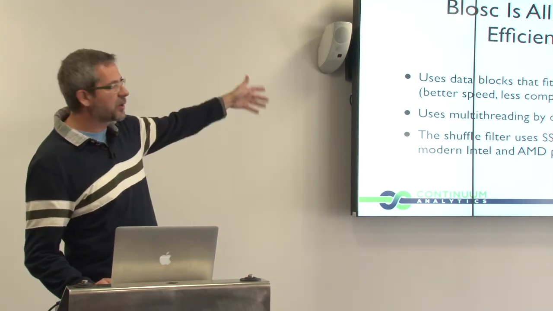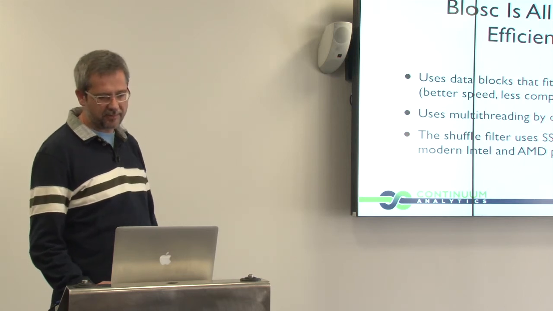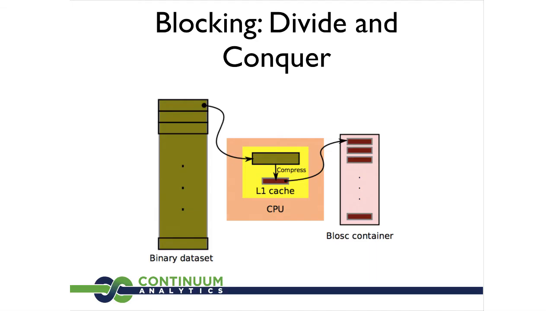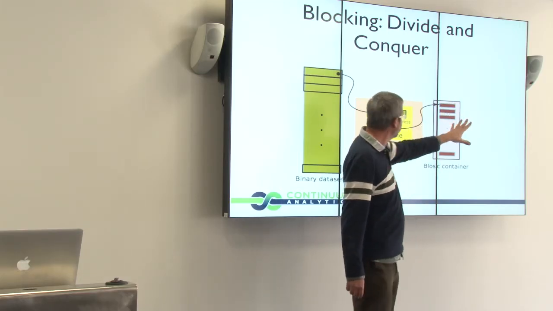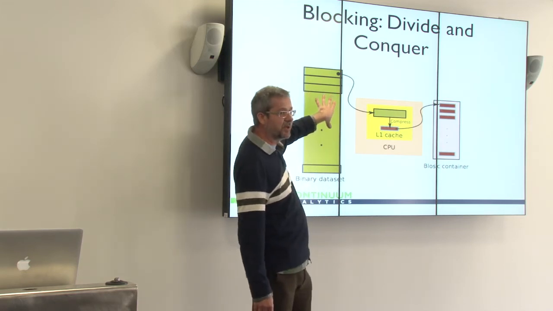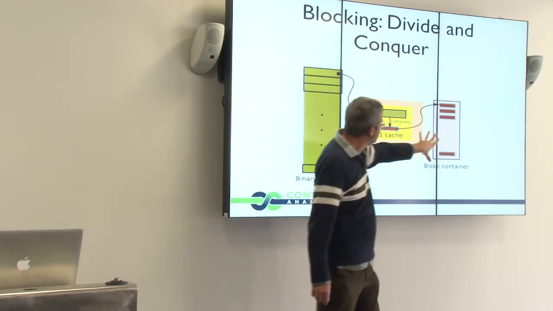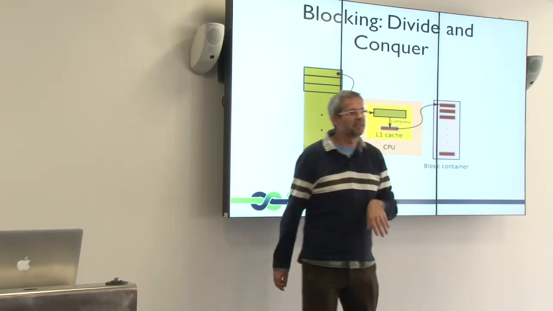So these are the key reasons why Blosc is so efficient. Another reason is that Blosc works, as Ian was asking, by splitting the big data sets in small blocks. Okay? These blocks are transferred to the cache, compressed there, and then they are stored in what is called a Blosc container. So in theory, instead of storing your data decompressed in these original data set containers, you can store them in Blosc containers.